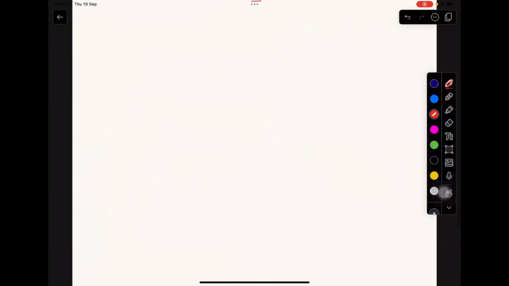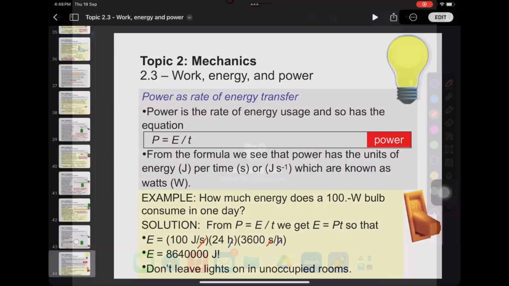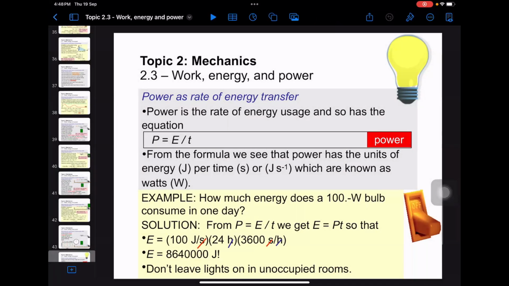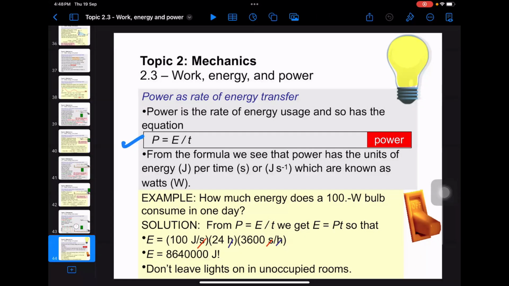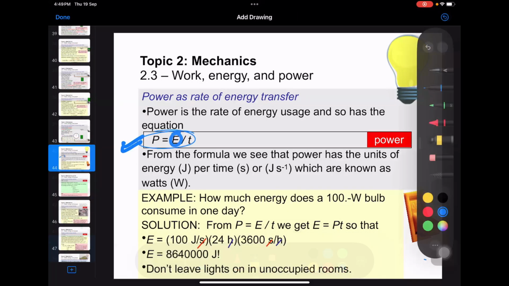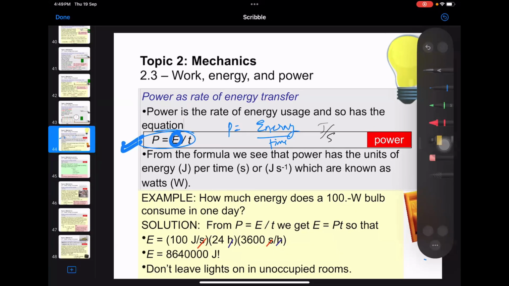Moving to the next part, power is nothing but work done upon time, so the rate of energy transfer. Its unit is joule per second, which is also called a watt.